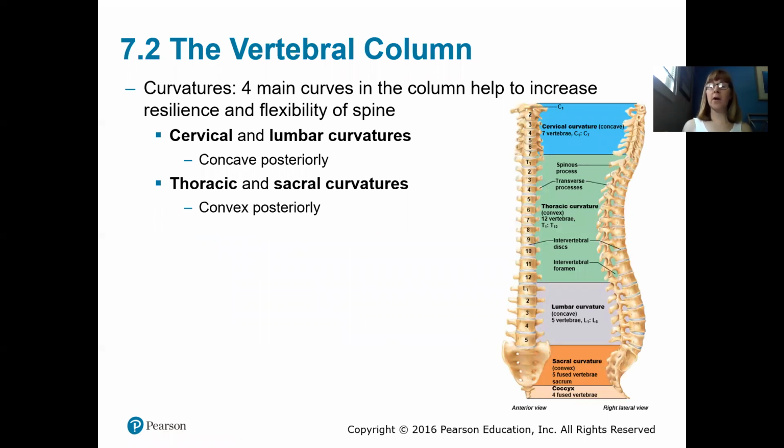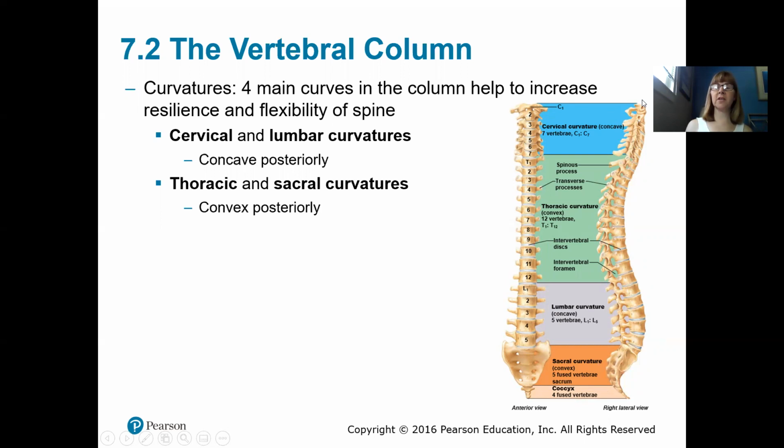We can look at how they're curved and how they articulate together. There are basically 4 different curves within your spine. Here are your cervical, your thoracic, your lumbar, and your sacral and coccyx, which, as I mentioned, are fused together.